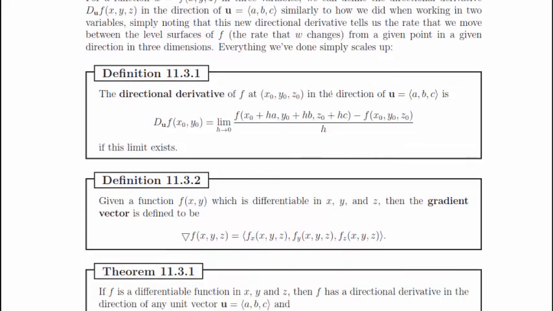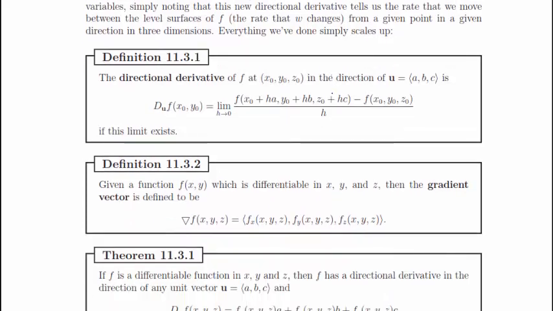So we define the directional derivative of f at a specific 3-dimensional point, x naught, y naught, z naught, in a 3-dimensional unit vector u equals a comma b comma c. This is going to be D sub vector u of f of x naught, y naught, z naught equals the limit as h goes to 0 of f of x naught plus ha, comma, y naught plus hb, comma, z naught plus hc, minus f of x naught, y naught, z naught, all over h, if this limit exists.